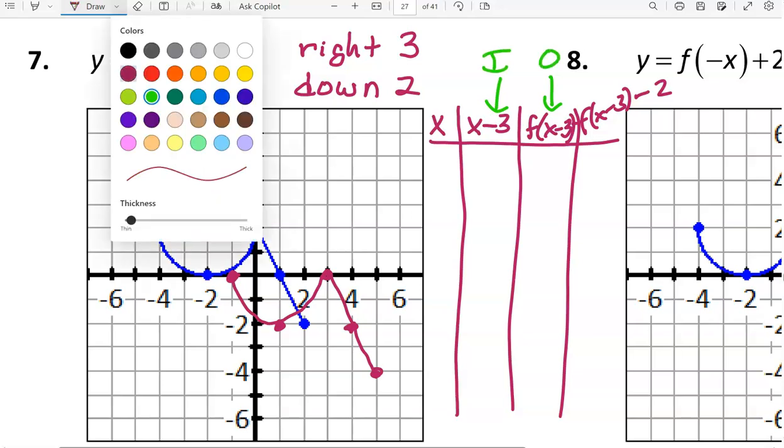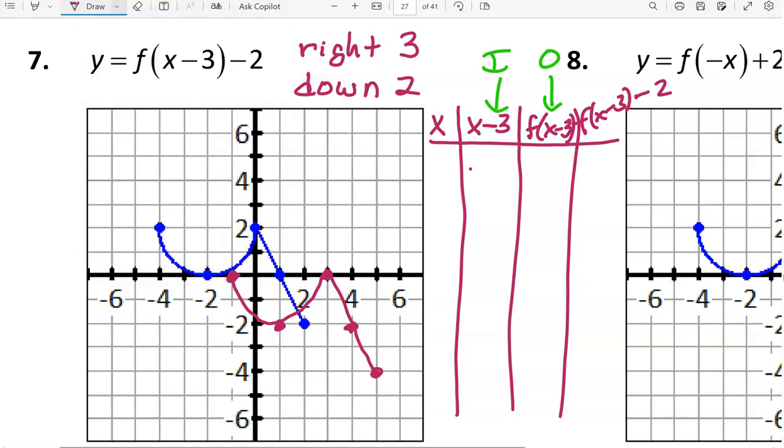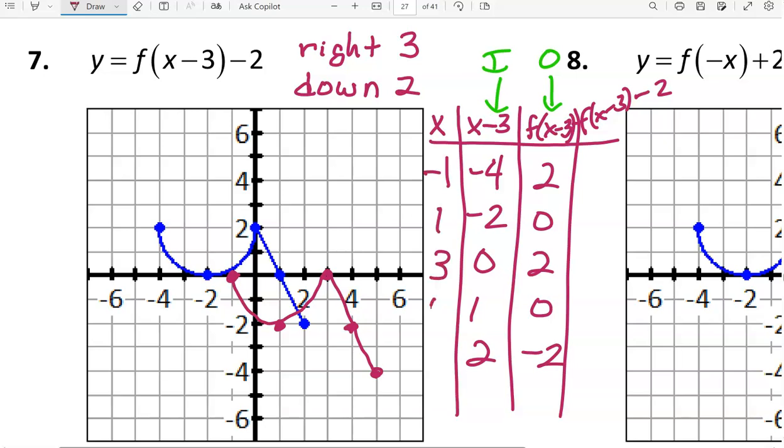That's where the points for the graph of the original function go: -4, 2, -2, 0, 0, 2, 1, 0, and 2, -2. To move from x minus 3 to x, add 3. And then to move from f of x minus 3 to f of x minus 3 minus 2, subtract 2.